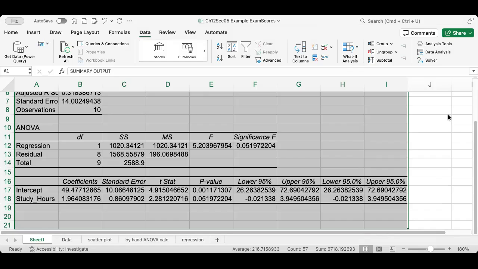I'm testing a hypothesis. When we did our correlation, what hypothesis were we testing? On Monday.